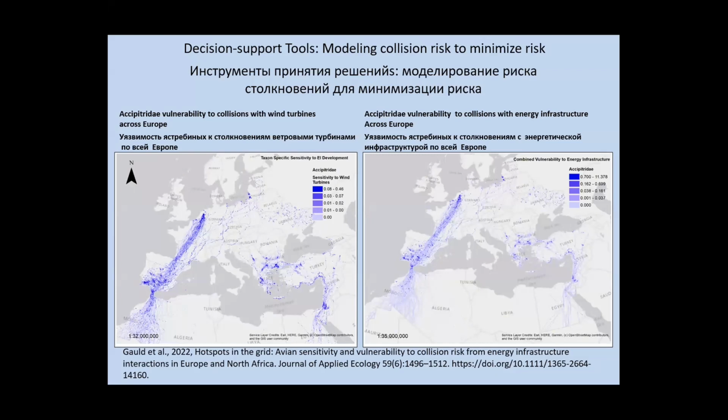In these images, they have modeled the risk of collision with wind turbines in panel A and the risk of collisions with energy infrastructure overall in panel B, the second panel. They have done this for a number of different families. In this image, it shows the risk of collision for exhibitors.